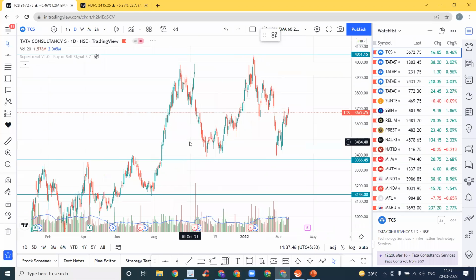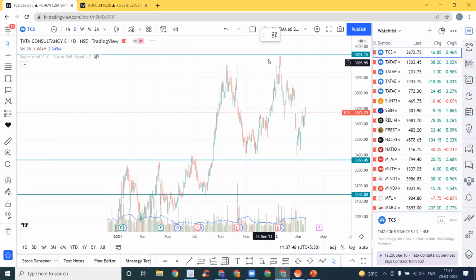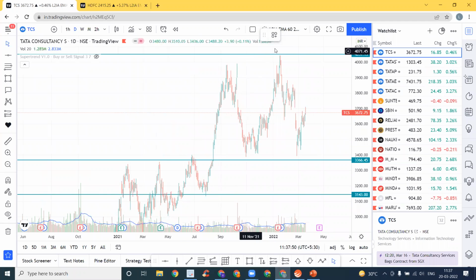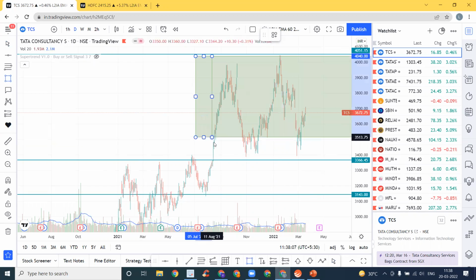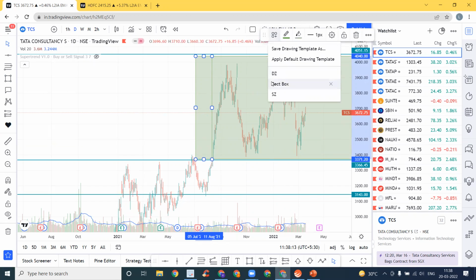Here is TCS. You can see this is my top level, which is my resistance level. This is my bottom level, which is my support level. So since last August of 21 till today, this graph is moving in this particular manner. I can draw a rectangular box.